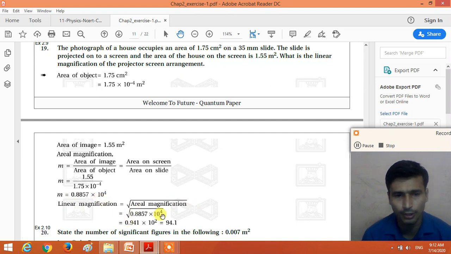So the square root of 0.8857 is 0.941, and the square root of 10 raised to 4 is 10 raised to 2. So we get 94.1.